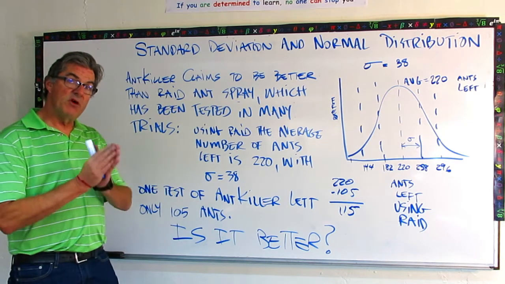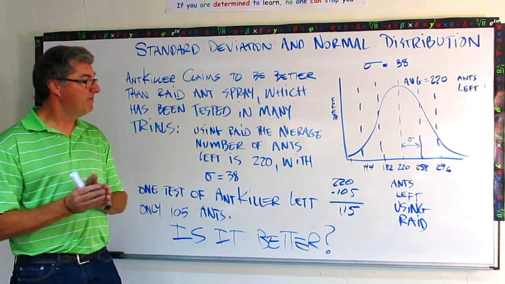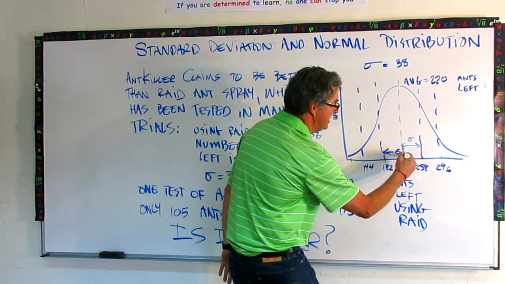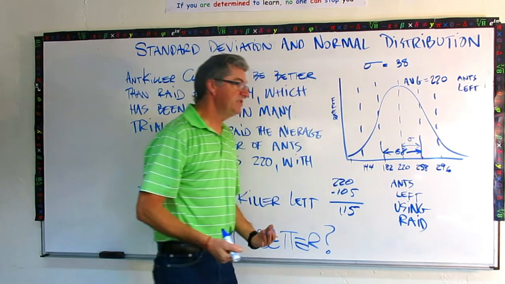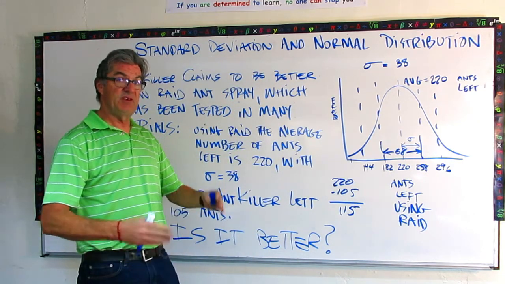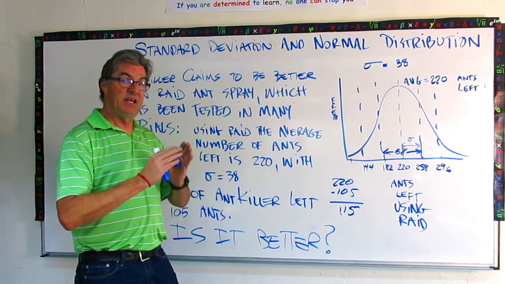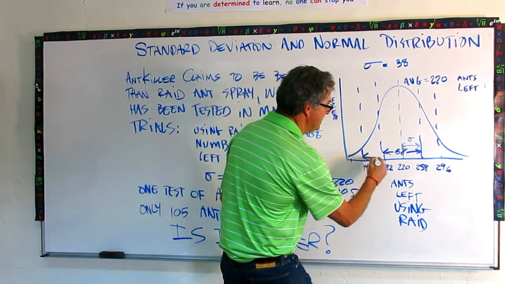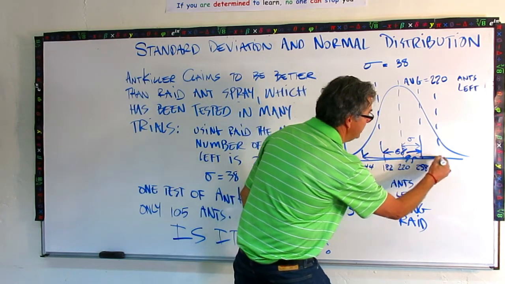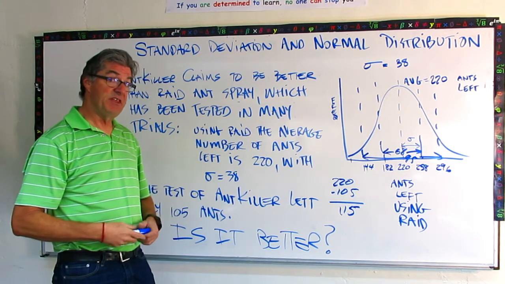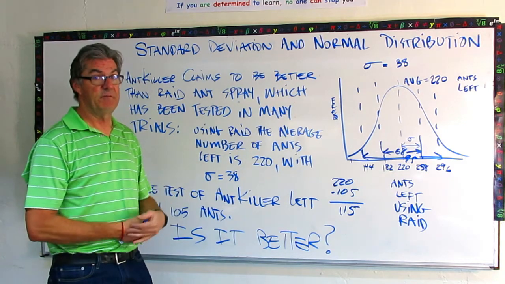Remember those percents that we talked about before? 68% of the data in a normal distribution is within 1 standard deviation of the mean. So that means two-thirds of the data is going to be within 1 standard deviation. This one was 95%: 95% of the data has to be within 2 standard deviations of the mean.